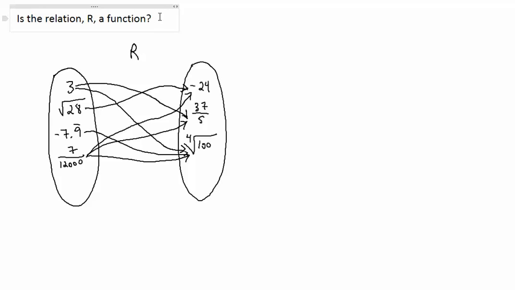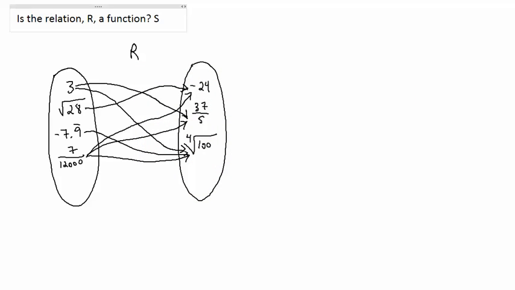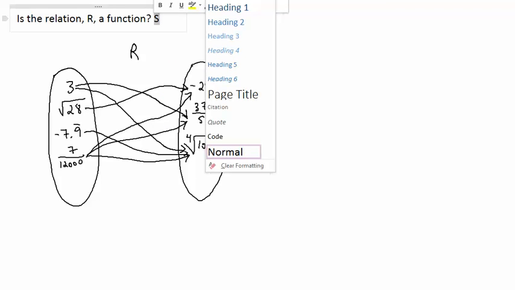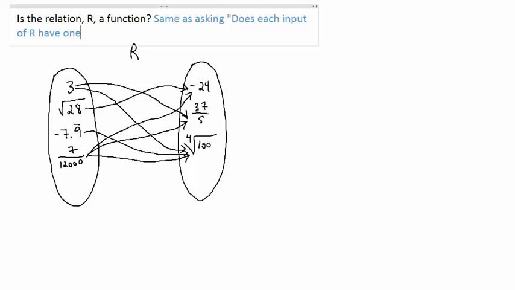Anytime you're asked if a relation is a function, it's the same as asking, does each input of R have one output? Same question, okay? So anytime you're asked if something's a function, you need to look at each input and see how many outputs it has.